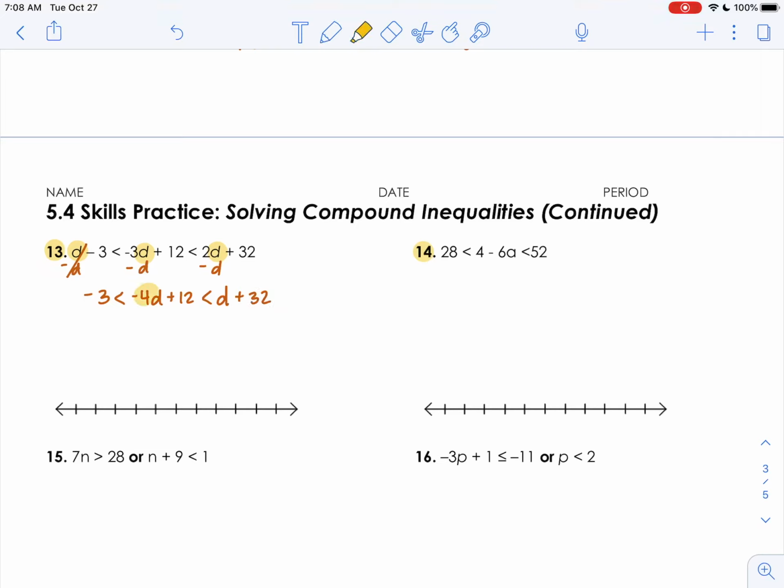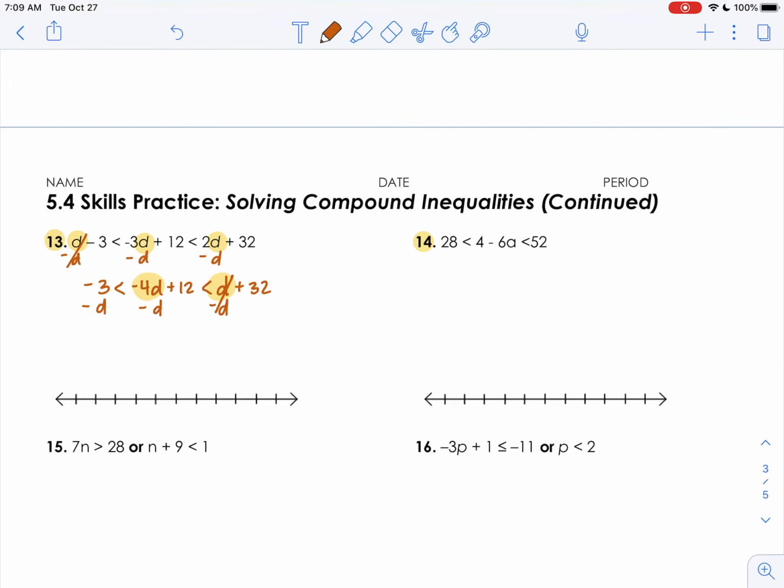Then, to get all my d's together in the middle, I would just need to subtract d here. But if I do it here, I have to do it in all three sections, including on the left. So these would cancel. Negative 4d minus d would give me a negative 5d, but over here I'm adding a d. So what's going to keep happening is my d's are going to keep bouncing back and forth from one side to the other, and I'm never going to get them all together in the middle.